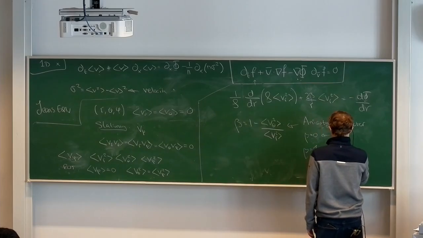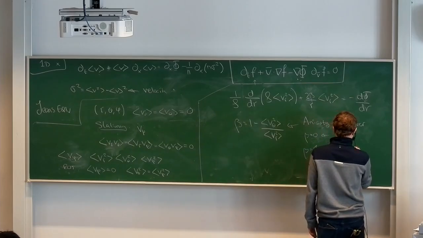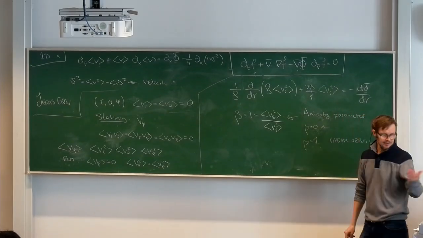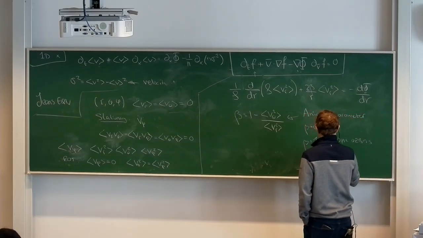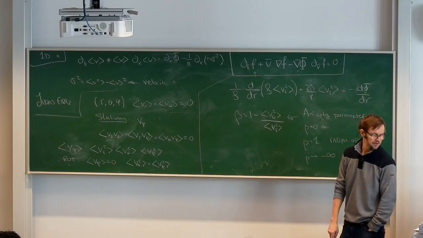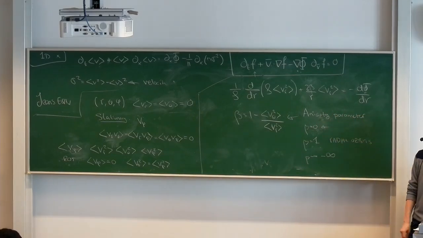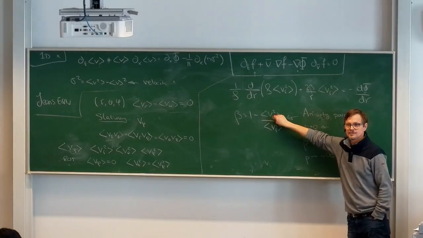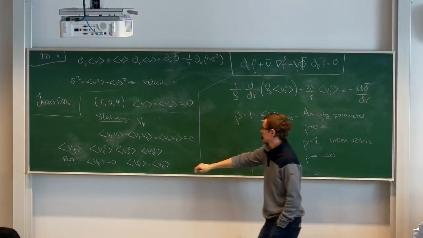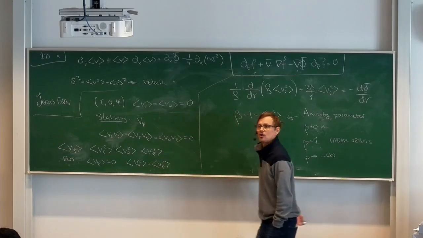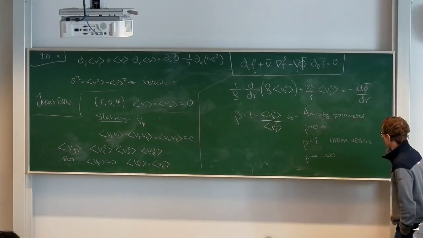That corresponds to radial orbits. And beta going to minus infinity corresponds to only circular orbits, where only the dispersion in V theta, equal to that in V phi, is non-zero and the radial dispersion is 0.